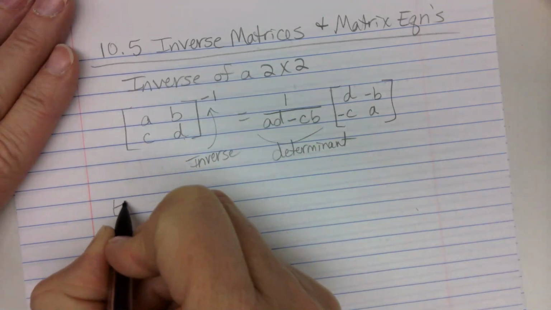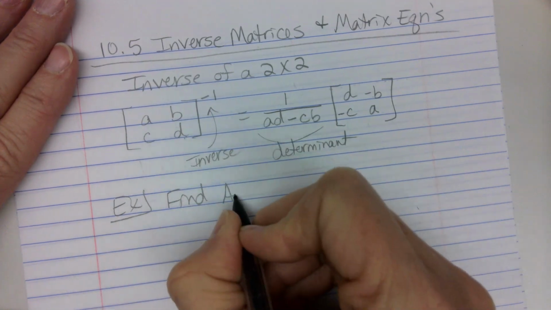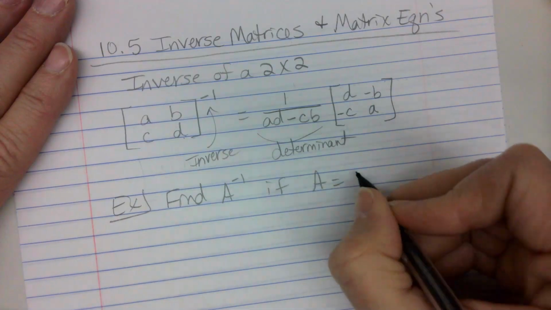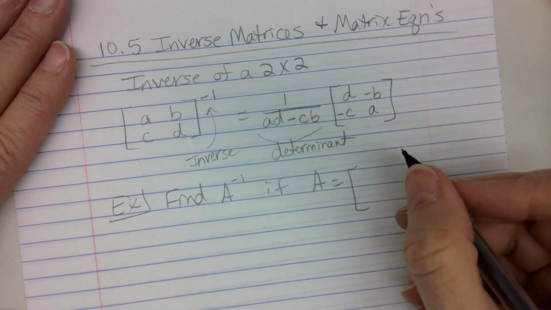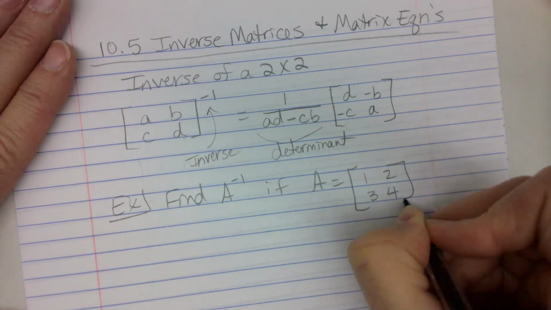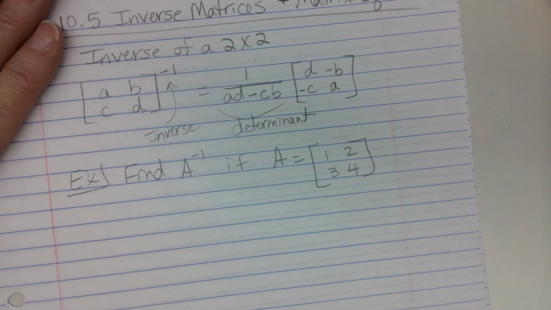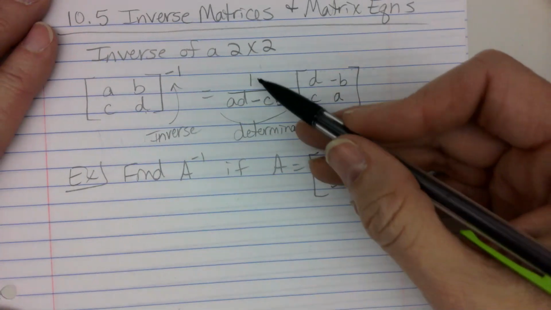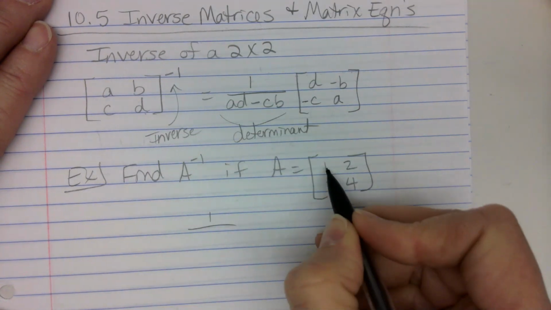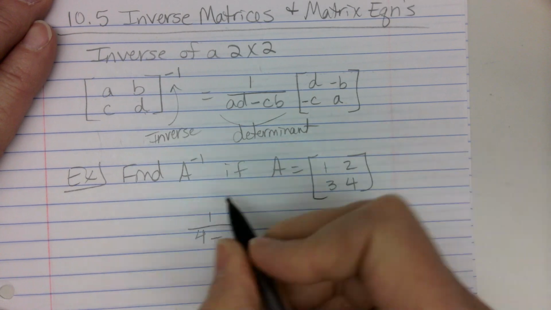So let's just learn by example. Find A inverse if A equals 1, 2, 3, 4. It's just easy. So let's follow the formula. 1 over, what's 4 times 1? 4 minus 2 times 3, 6.